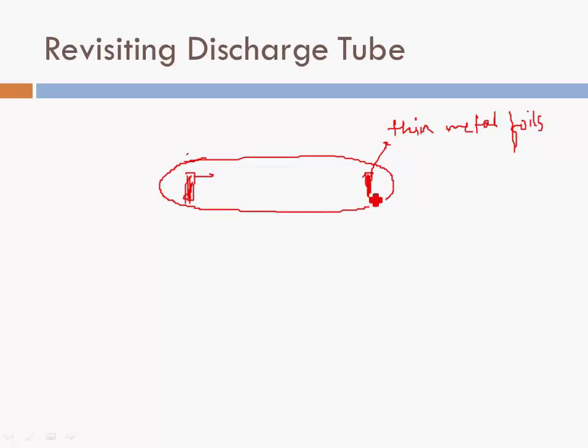Even if this metal foil is not perforated, that is, even if it does not have holes, we can still see some of the cathode rays, that is electrons, coming over here. That is, we can still see flashes of light over here on our ZnS, zinc sulfide, screen. Why? Because cathode rays can pass through thin metallic foils.